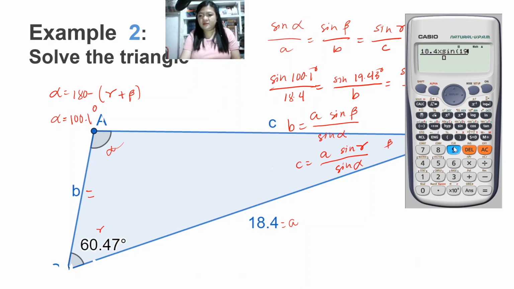Sine 19.43 divided by sine alpha. Sine alpha, which is 100.1. So the length of B is 6.22 units.